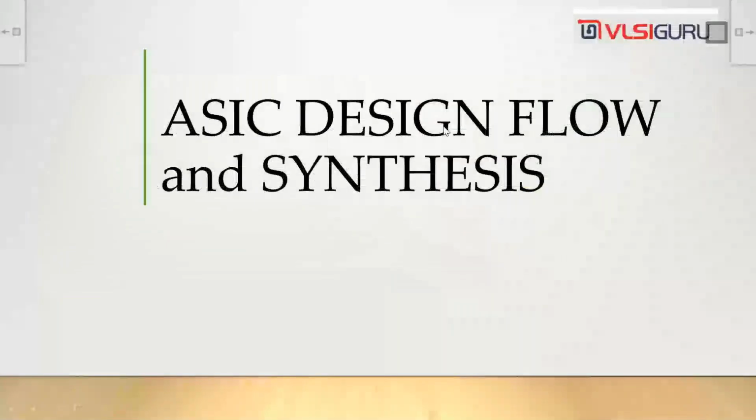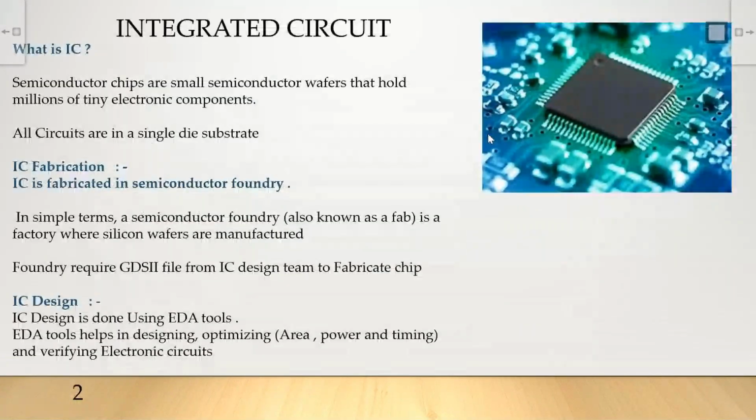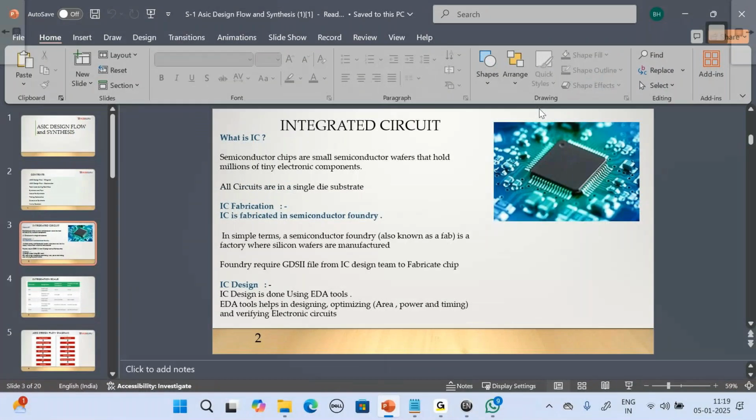When I want an IC to be present in the market, we have two things. One is IC fabrication, one is IC design. So we have to fabricate the IC. Another thing is we have to design the IC.